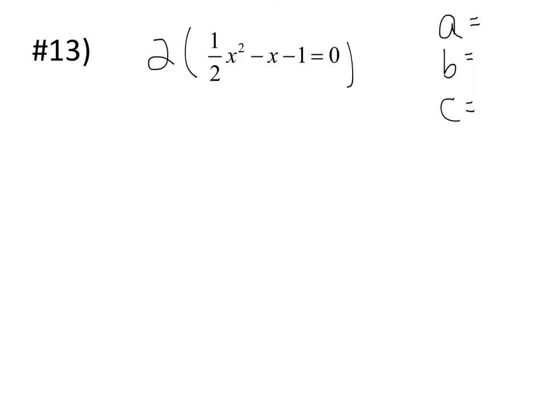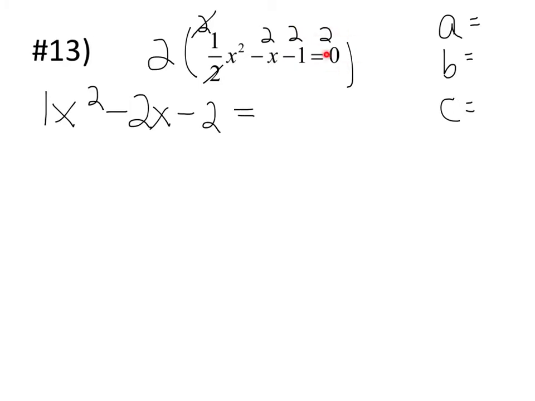So remember, when I do that, I put a 2 here, a 2 here, a 2 here, and a 2 here. So this 2 and this 2 cancel, leaving you 1x squared minus 2x minus 2 equals 0 times 2, which is just 0.